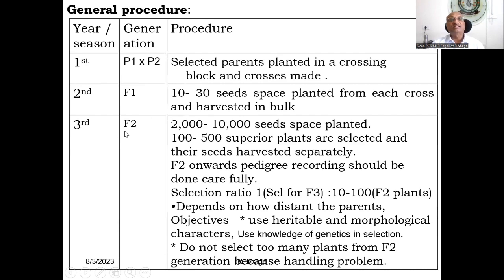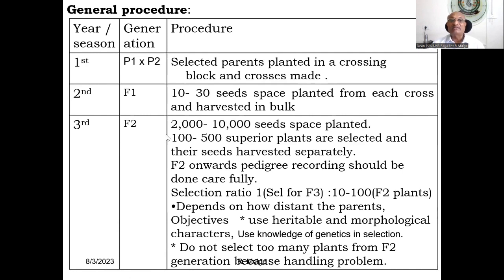Then the third season, the bulk seeds you have got from F1, you are raising in the third season, that is F2, right? Here, 2,000 to 10,000 seeds are space planted. It again depends on the annuals, like the cereals and pulses, their spacing is very close to the recommended. But for vegetables, the spacing is more and it requires more space, so you can reduce the number.